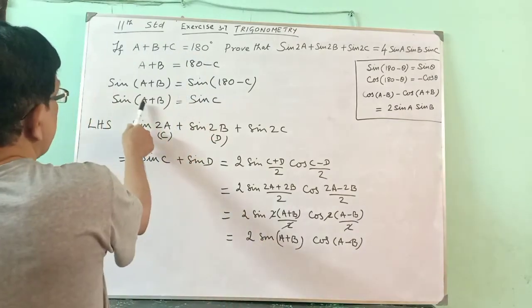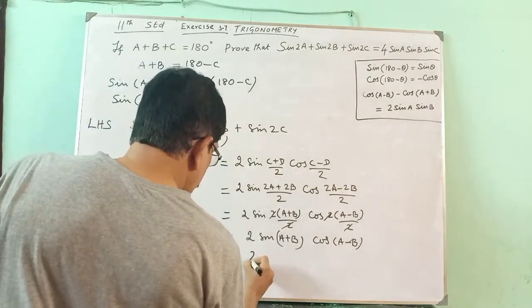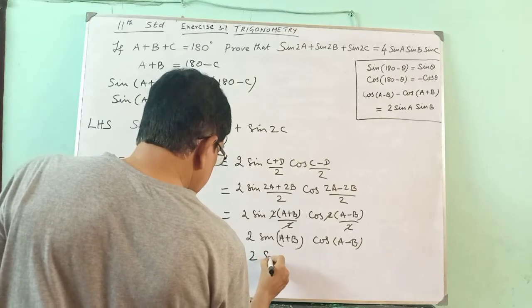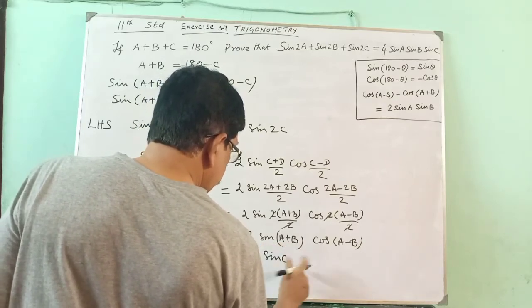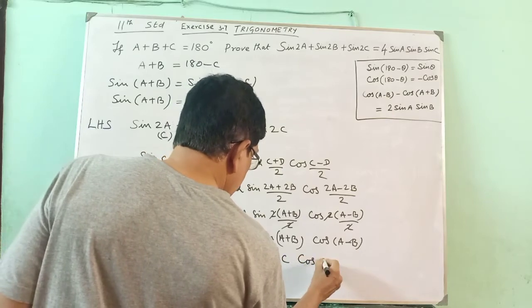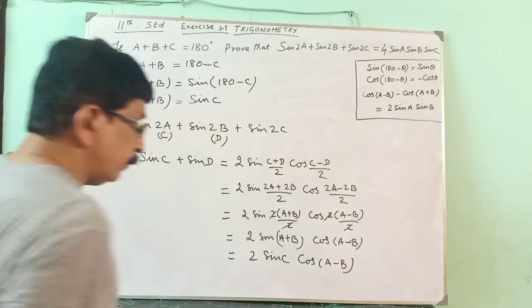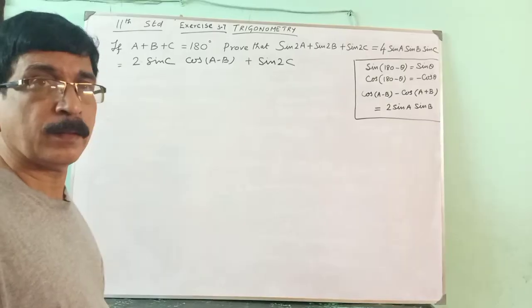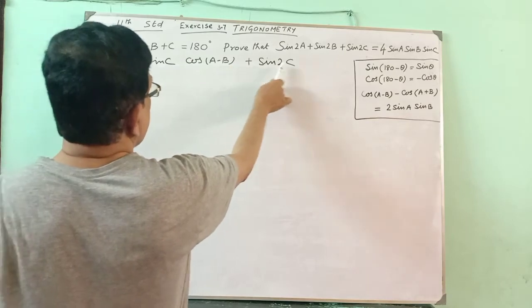Now we substitute sin(A plus B) is equal to sin C. So we get 2 sin C cos(A minus B) plus sin 2C.